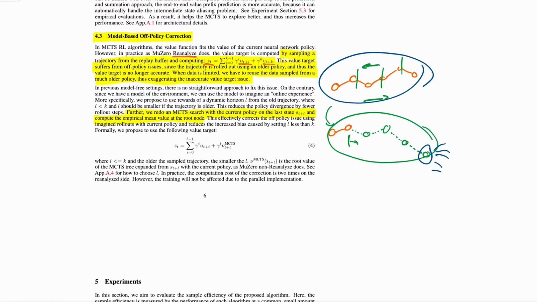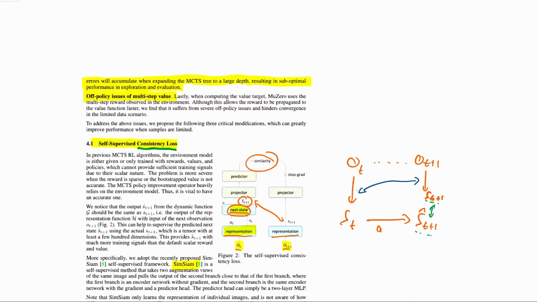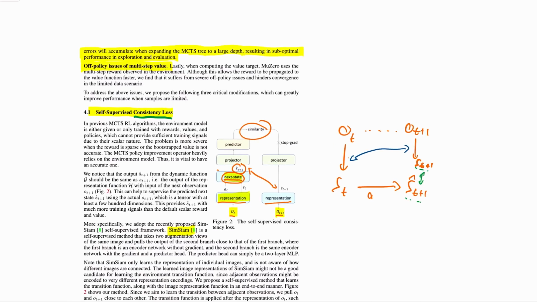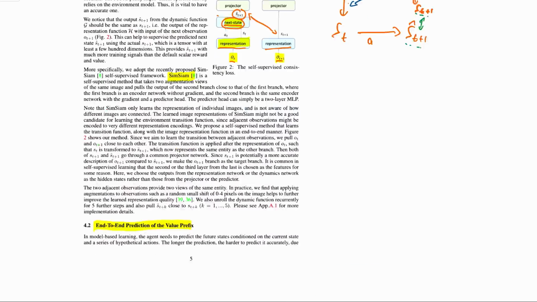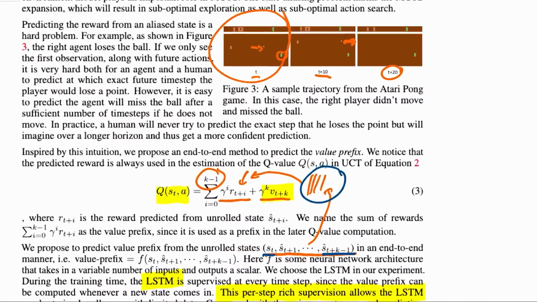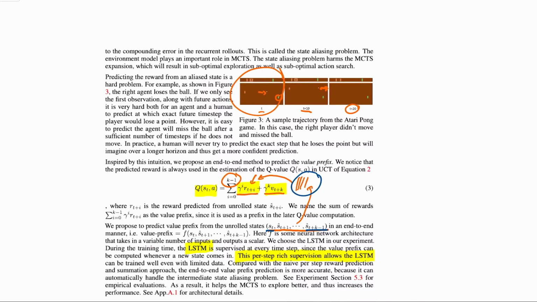Yep, that's it. Okay, so these are the 3 improvements. Again, they introduce a consistency loss on the hidden states to make their transition model better. Second, they directly predict the value, what they call value prefix, this thing right here, instead of summing up the rewards as they go along the tree search.